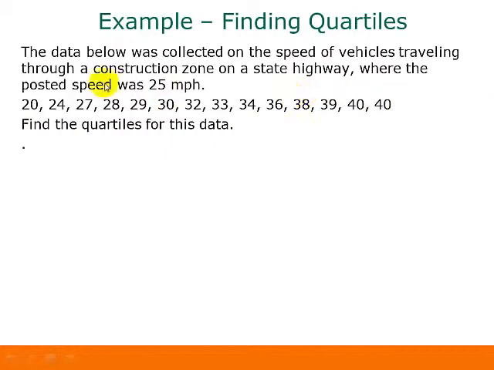Here's an example. If we have a set of values that were collected on the speed of vehicles traveling through a construction zone on a state highway where the posted speed was 25 miles per hour. If we want to find the quartiles for this data, notice this list is already sorted from smallest to greatest.